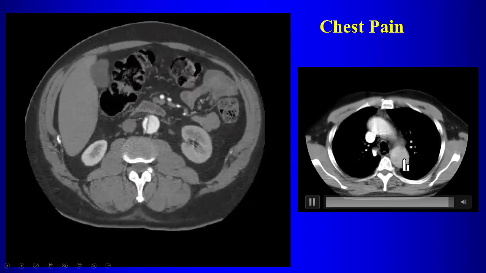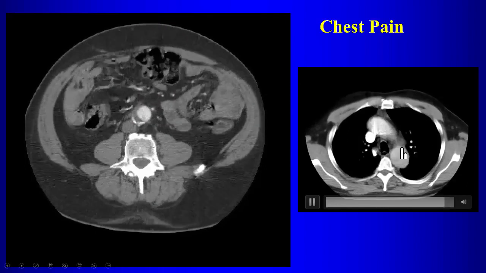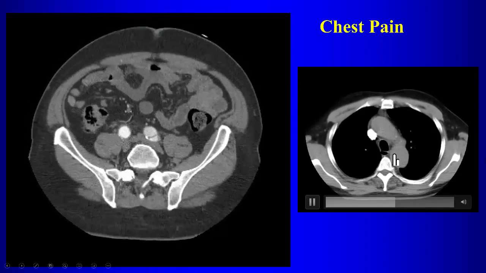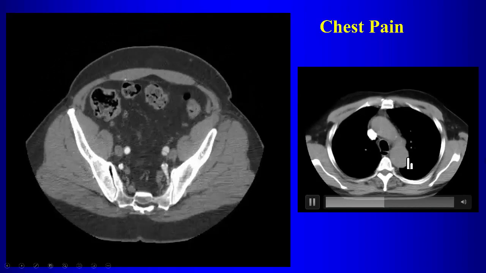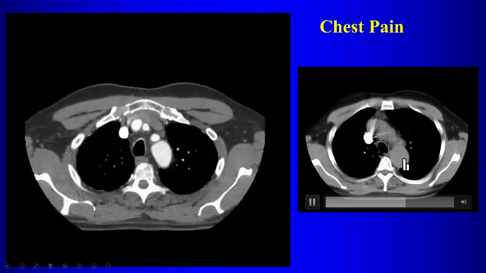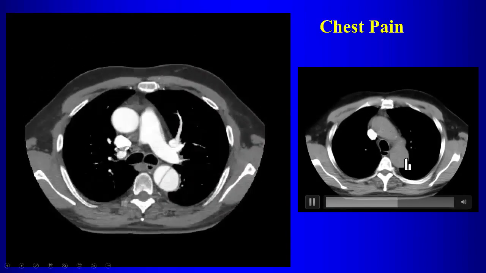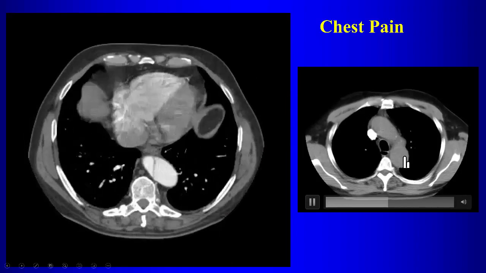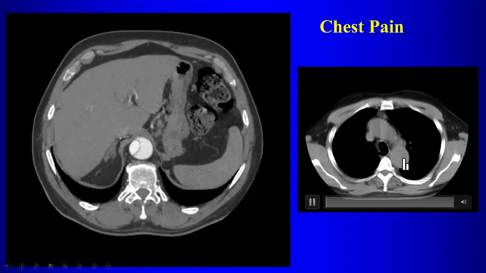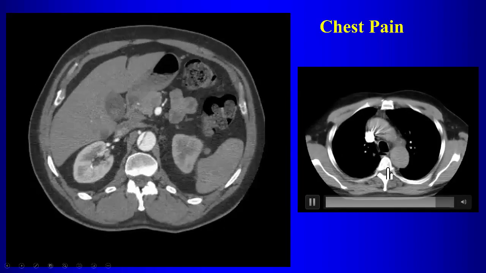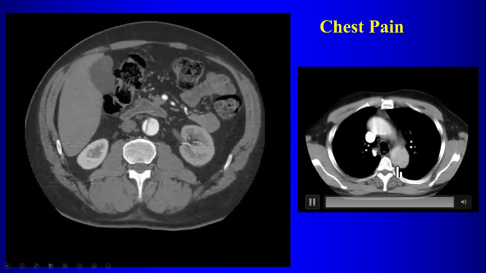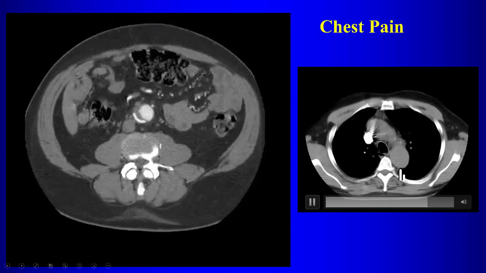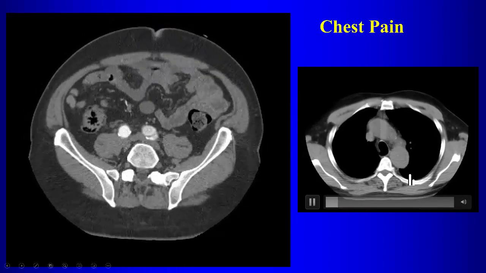It's a small region of interest, and we take a series of low-dose images at that one location as the contrast is going in dynamically. Within that region of interest, the software looks to see what the attenuation is as it increases. Once it hits a particular threshold, that triggers the scanner to start scanning from the beginning of the acquisition to the end of the acquisition.